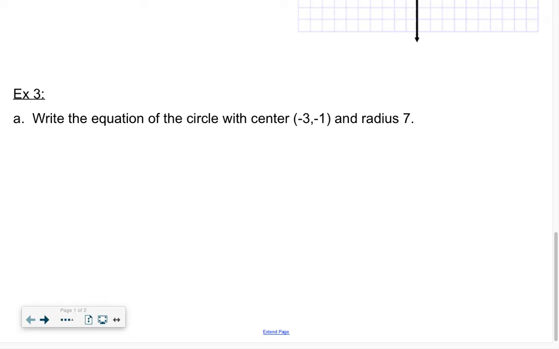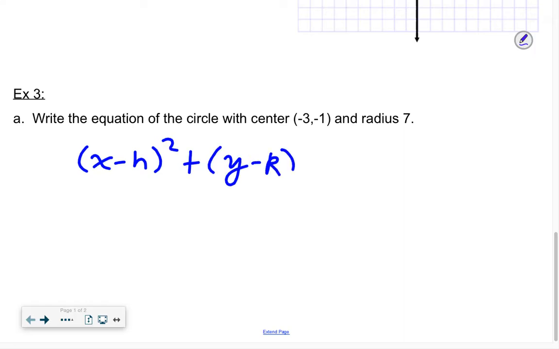We want to write the equation of the circle with the center of -3, -1, as well as a radius of 7. If we take a look at our formula, or the definition, for this particular problem, we actually have all the pieces to the puzzle, and we can just simply plug them in.